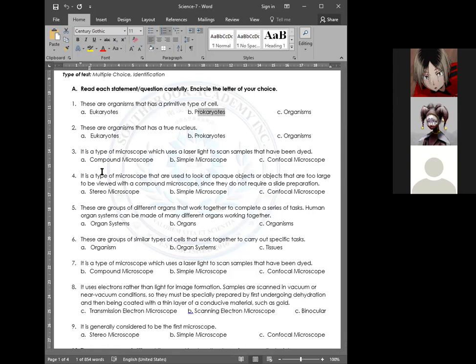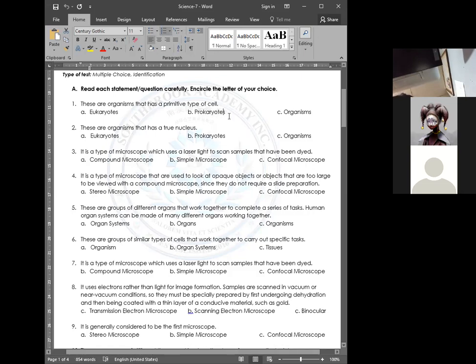What do you think is the correct answer? Anybody? Grade 7? Are you still with me? Yes, the answer is confocal microscope.